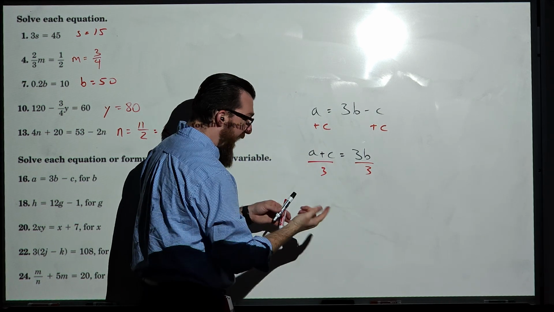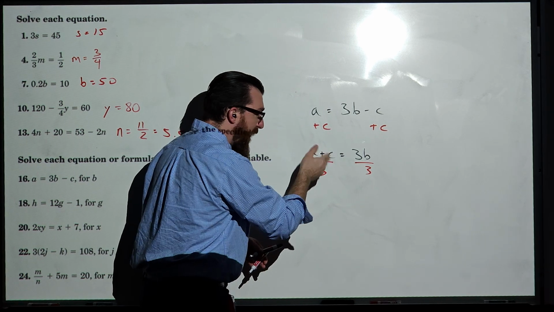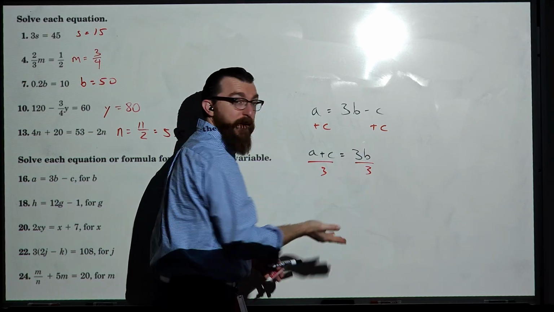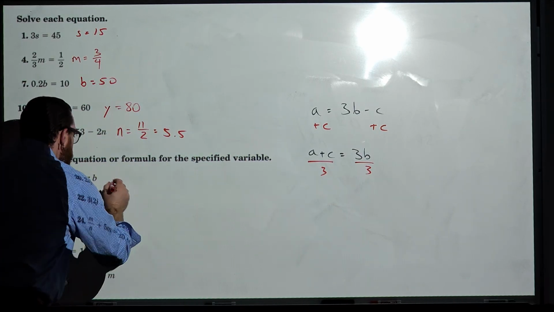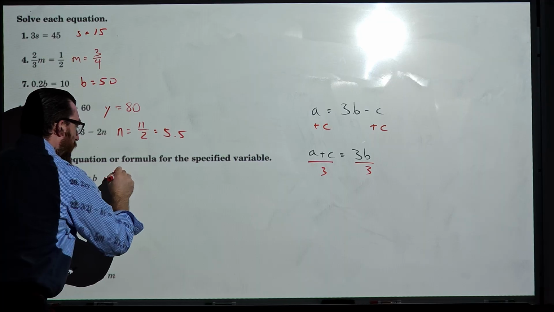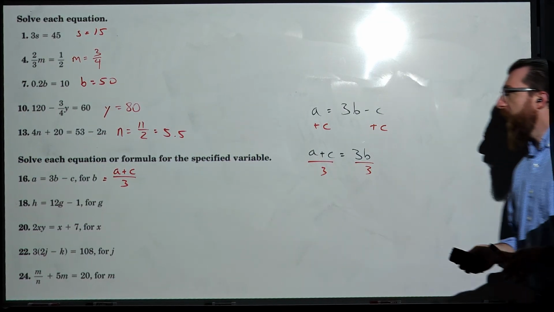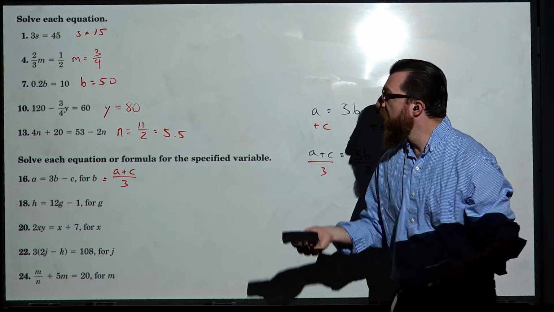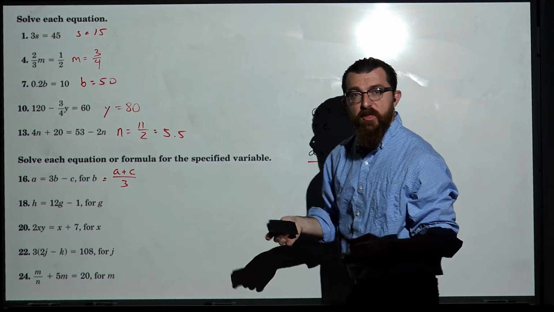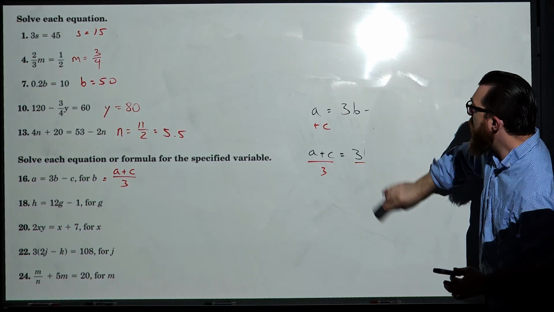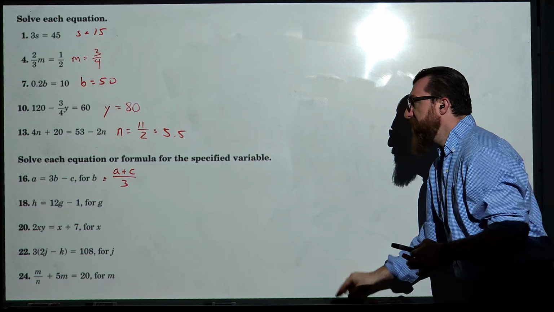And actually, that's it right there. It's just a plus c over 3, because b is now by itself. B is equal to a plus c over 3. I know it may not look finished when this is what you're expecting a math solution to look like, but that is a legitimate algebraic expression.